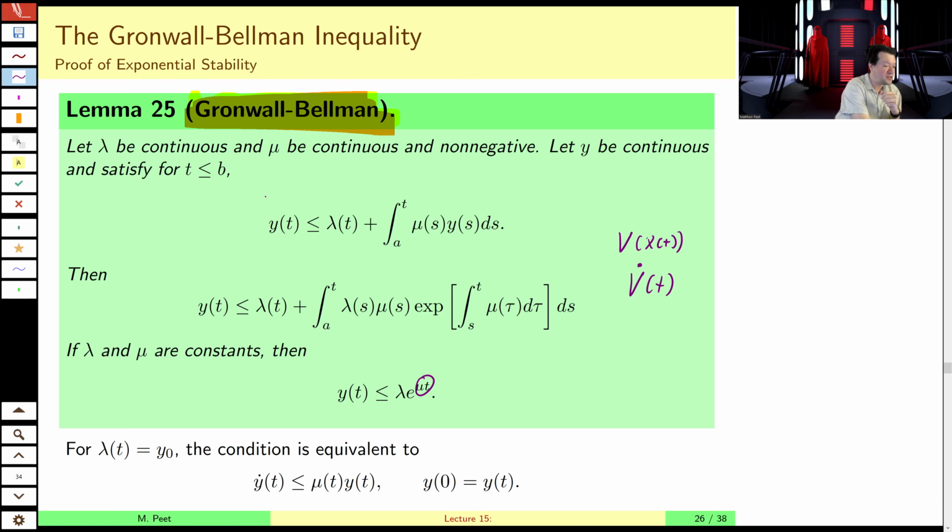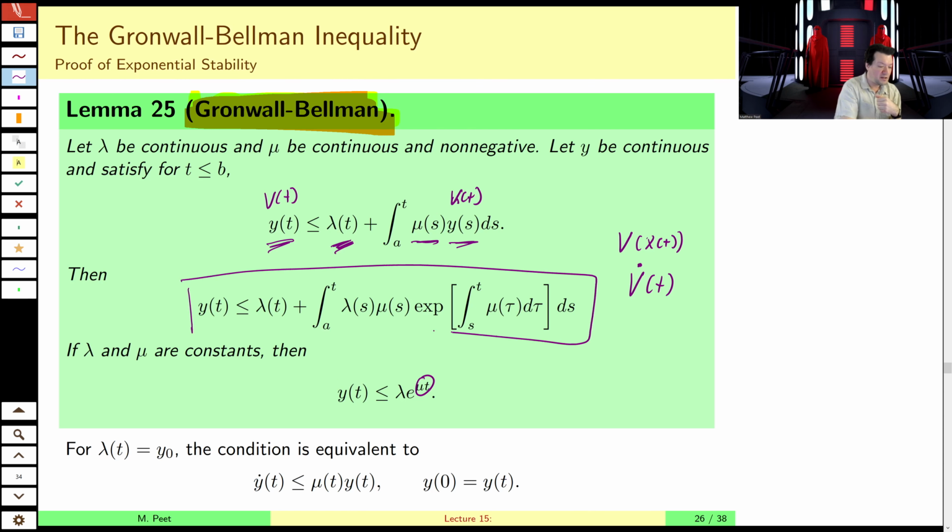In any case, if you think about V of t here in terms of y of t, it says that if V as a function of t is less than some constant gamma, which could also be a function of t, plus the integral from a of t times mu times v in this case, so basically v of t doesn't grow faster than rate gamma, then we can bound v by that function, which just drops down directly, plus this sort of convolution type integral.